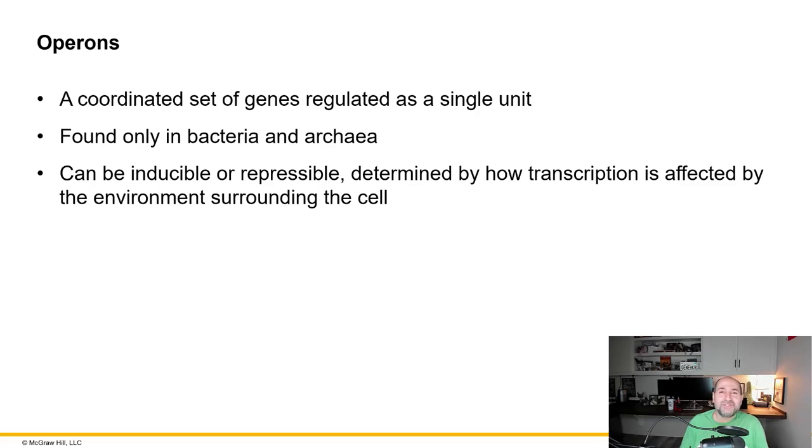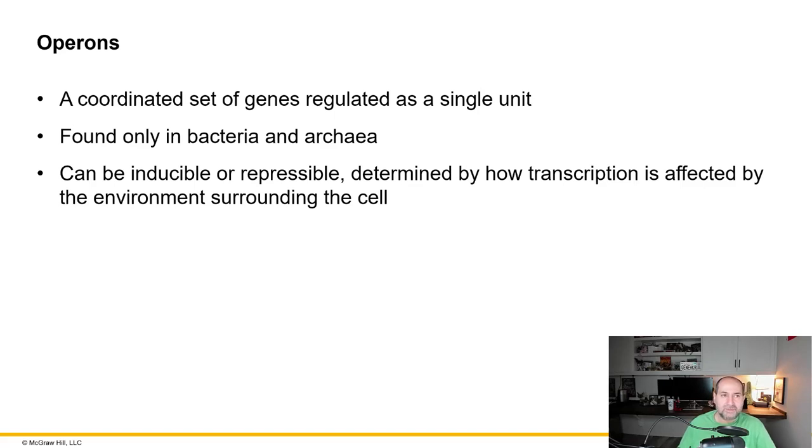Welcome back. So now you know what operons are. Operons are sets or coordinated sets of genes all regulated together as a single unit. This means that a really long mRNA is constructed, and that mRNA contains more than one gene, and those genes are functionally related.